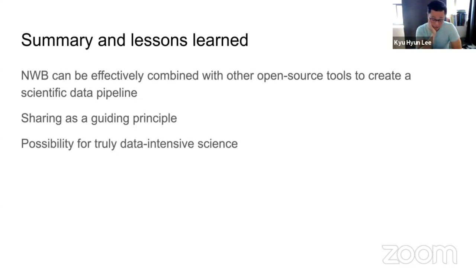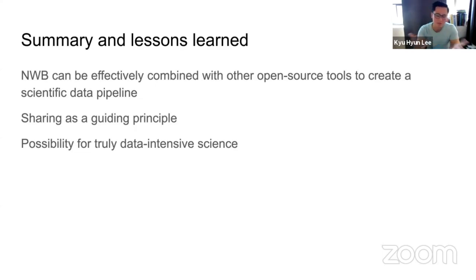And we're excited because we think a pipeline like ours can actually enable truly data-intensive science. So you can imagine forming a hypothesis based on the data set that you collected, and then pulling a large amount of data from public repositories like DANDI, and actually testing your hypothesis on the data that has been already collected.